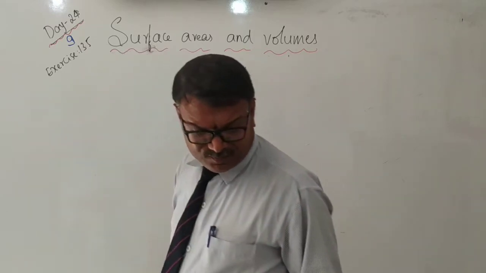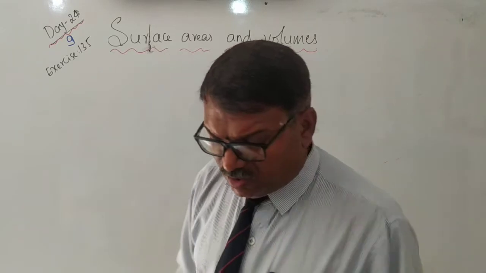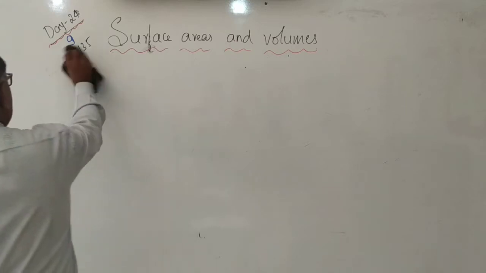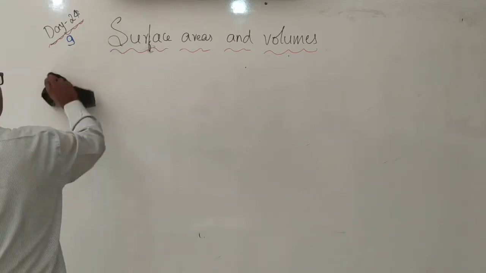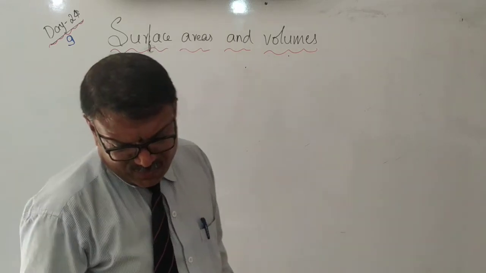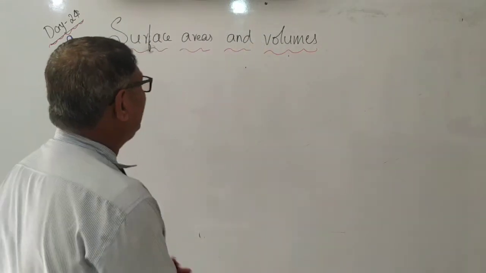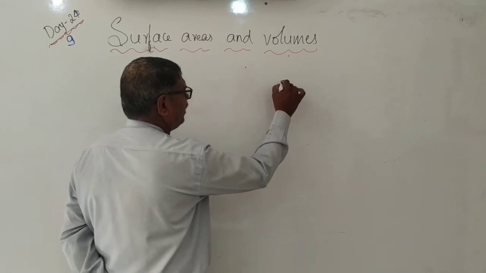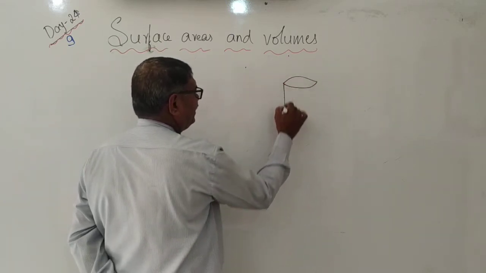So next problem. We completed this exercise, that is volume of the cuboid. Next we will go for the cylinder. How to find the volume of the cylinder? Very simple. See here, the cylinder will be like this.